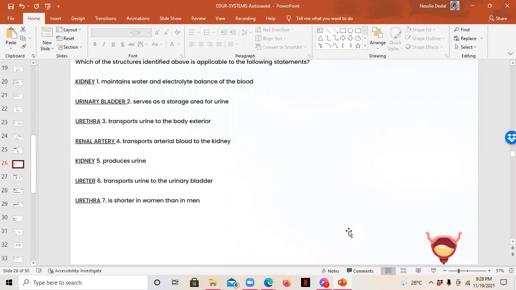Number 4, transports arterial blood to the kidney, the renal artery. Number 5, produces urine, kidney. Number 6, transports urine to the urinary bladder, ureter. Number 7, shorter in women than in men, urethra. Next slide.